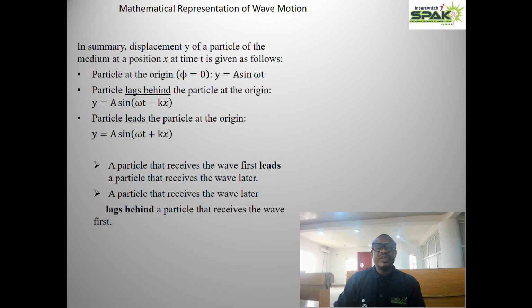When you receive it later, the particles are said to lag. But if you receive it earlier, the particles are said to lead. So if a particle gets it later, you use the negative sign. But if a particle gets it earlier, that means the particle is leading the particle at the origin, so you use your positive sign here.